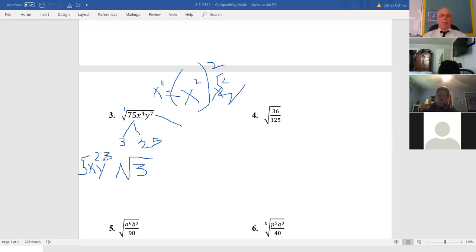And let's see, what else do I have left? I've got 1 y left, remember, because it's y to the 3rd times y to the 3rd. All right, so this is the answer that you would hopefully reach. Questions on that?